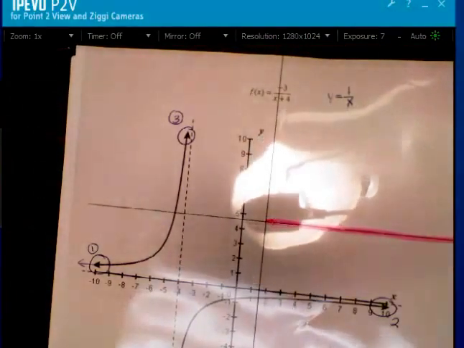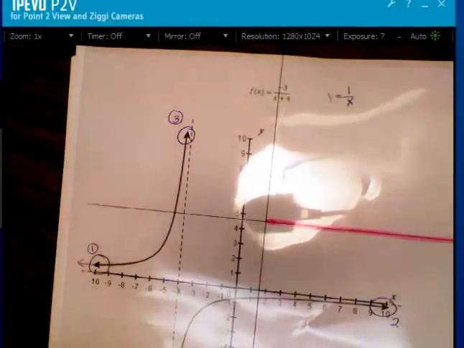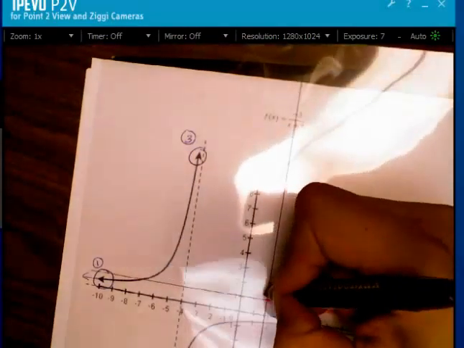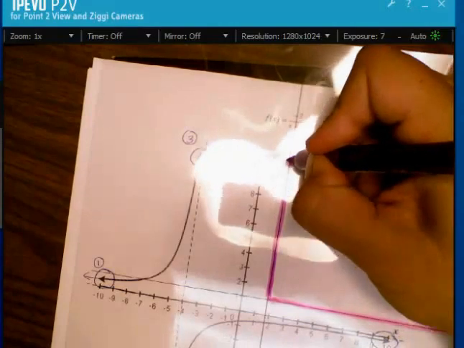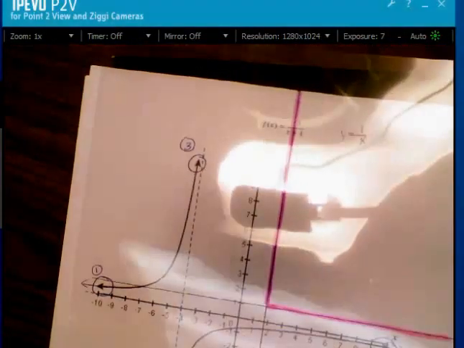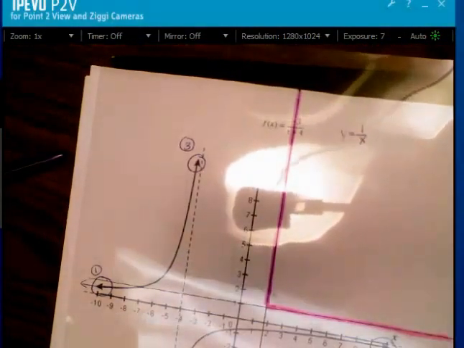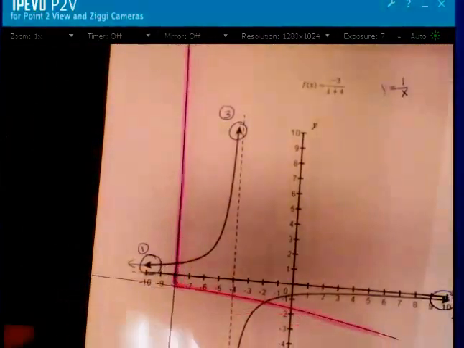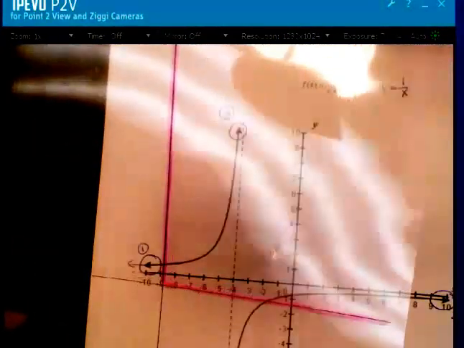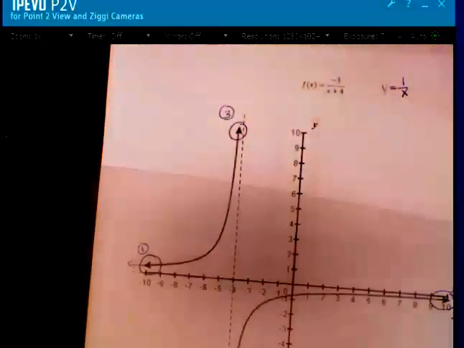Okay, good. So that's pink. We'll do the other one purple. Okay, and what I'm going to do is I'm going to trace the function so you can see what's happening with our outputs.